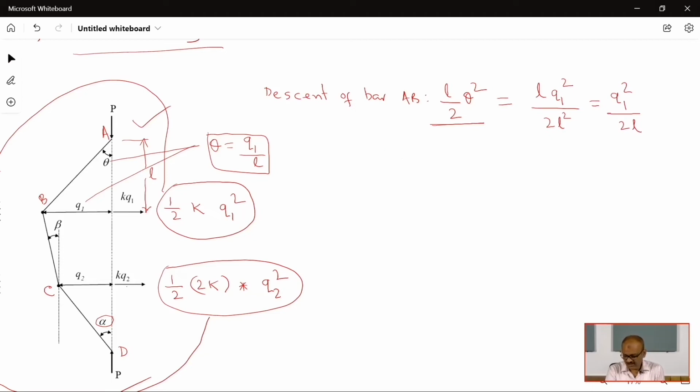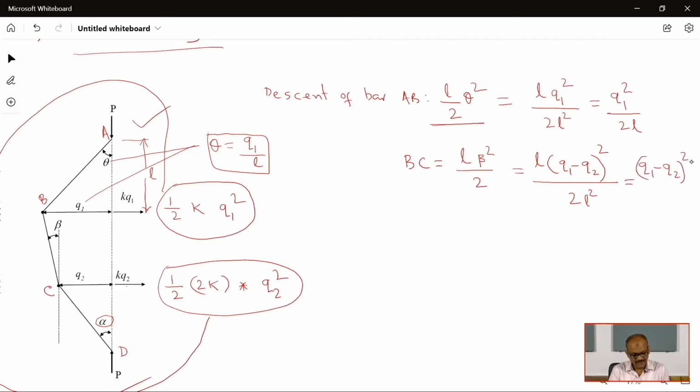Similarly, descent of bar BC is L into beta square divided by 2. That will come as L into (Q1 minus Q2), the relative displacement, square divided by 2L square. So that will be (Q1 minus Q2) whole square divided by 2L.